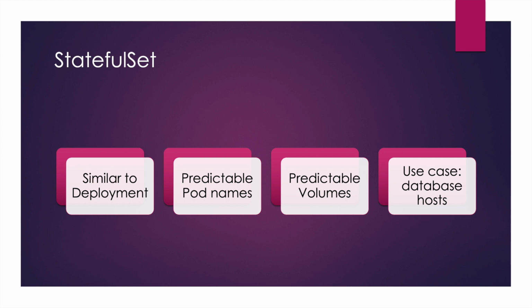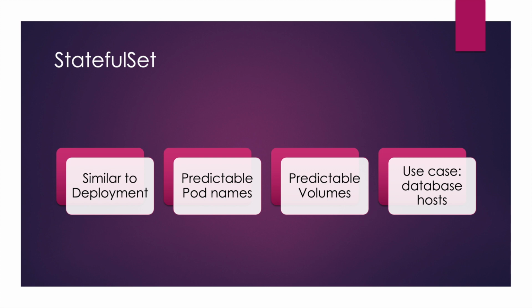So, for example, if we have 3 replicas, they will create pod names such as ABC service dot pod 1, ABC service dot pod 2, ABC service dot pod 3. And if any of the pods goes bad, it will create the new pod with the same name.